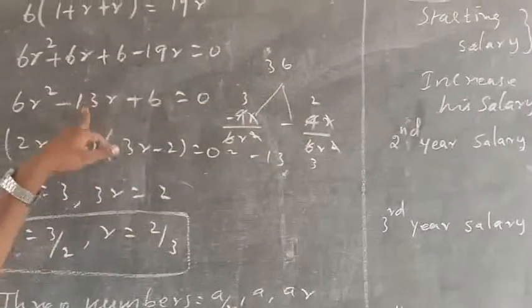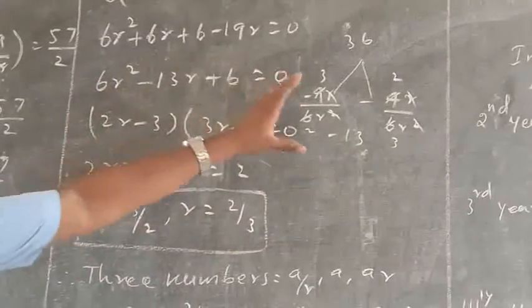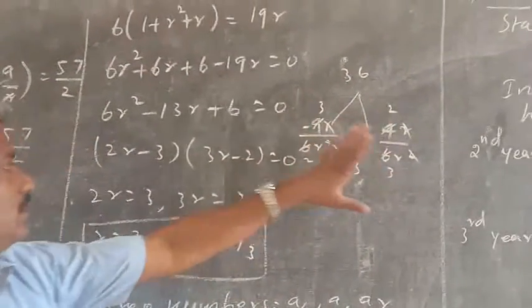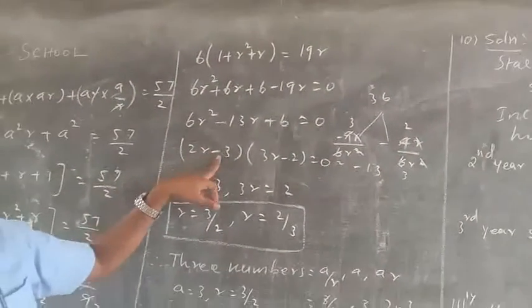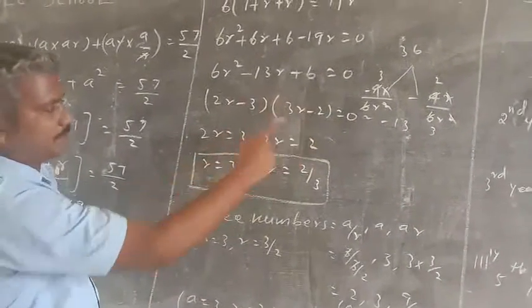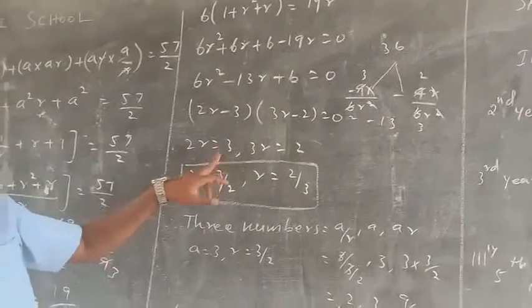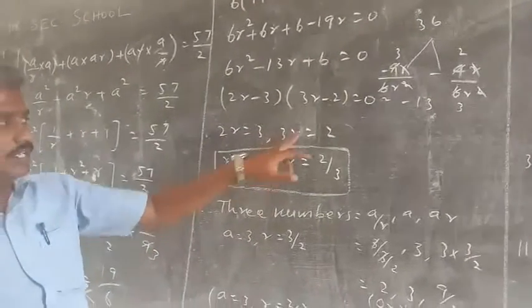Multiply 36, add minus 13: minus 9, minus 4. Now this is the factorization method. So 2r minus 3 and 3r minus 2 is equal to 0. Minus 3 moves to that side as plus 3, minus 2 moves as plus 2. Multiplication becomes division, so r equals 3 by 2 and r equals 2 by 3.